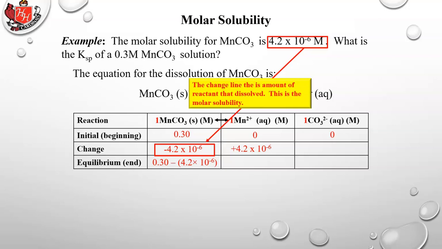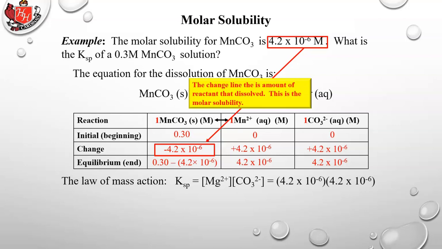1 mole MnCO3, 1 mole manganese. And then over for carbonate, same thing. You've got the same number. So first we add 0 plus that number, 4.2 times 10 to the minus 6. And over here we get the same number. Again, all the coefficients are 1, so all the x values are going to be the same. Now, for the law of mass action, you ignore what's on the left side of the arrow because it's a solid.